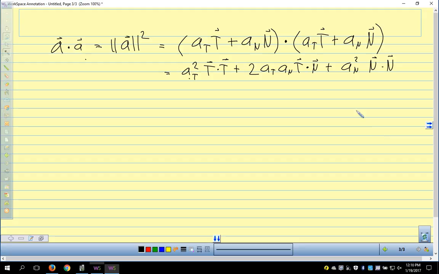And we know that t dot t equals n dot n. Both of those are 1. And since t and n are orthogonal, t dot n is 0. So we can say that the magnitude of our acceleration squared is a sub t squared plus a sub n squared.